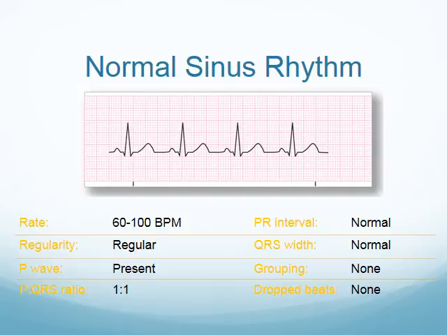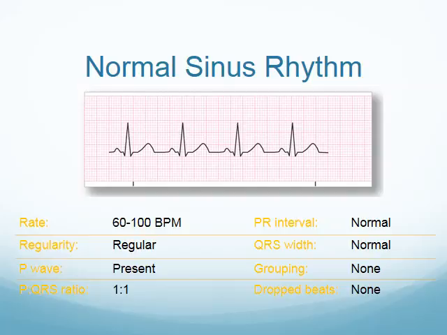Look at our second beat from the left, and using our method that we talked about with the big boxes, we can ascertain that our rate is between 60 and 100. So the first big box over from the second beat is going to be 300, 150, 100, 75, and then 60. So it's between 75 and 60, so probably 64.